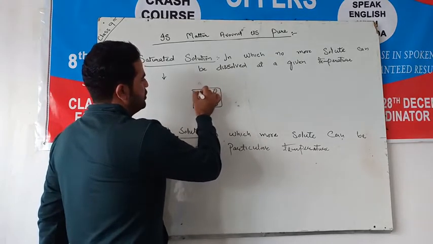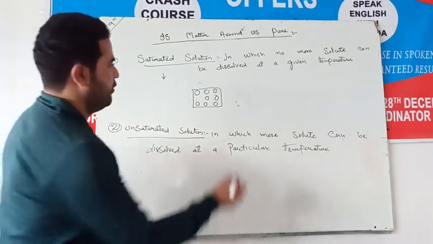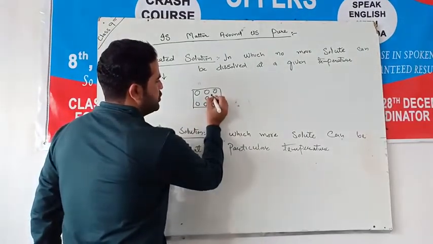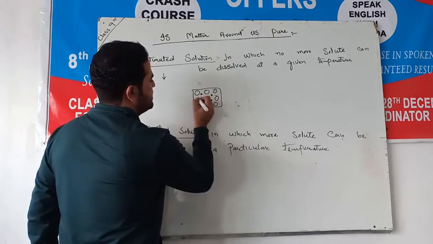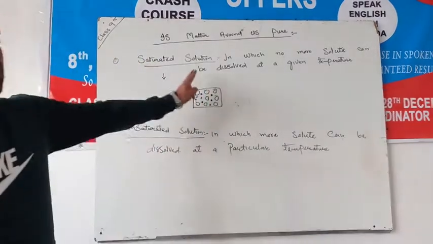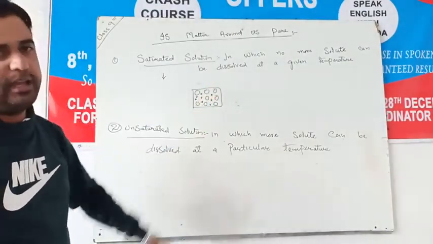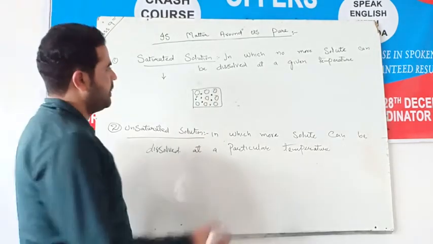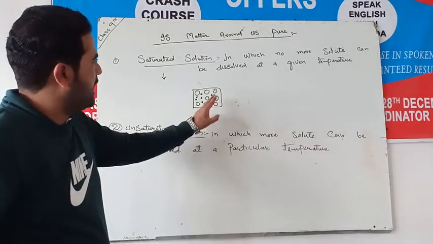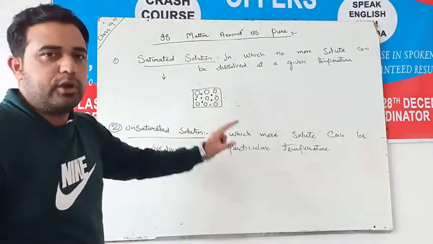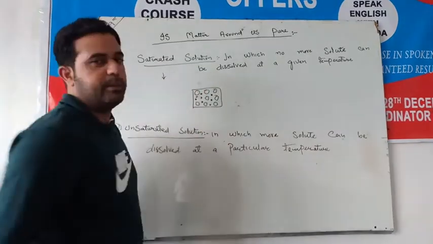These water molecules have spaces between them. When we add a solute, the solute particles occupy the spaces between these solvent molecules. But these spaces have a limited capacity. When all these spaces are occupied, there is no space left. At that time, the solution becomes saturated.